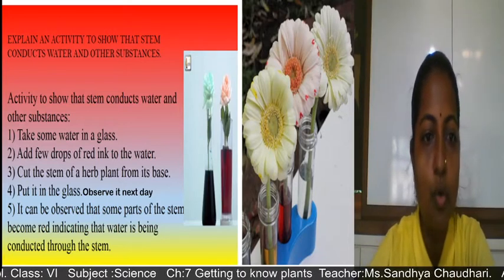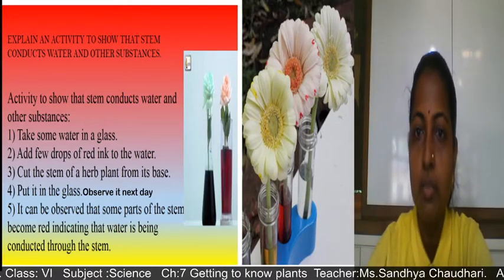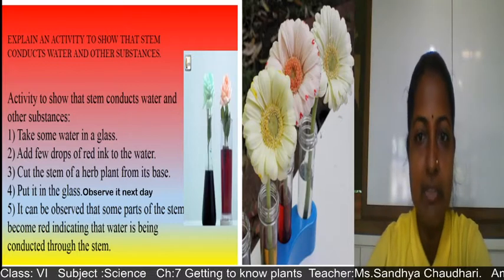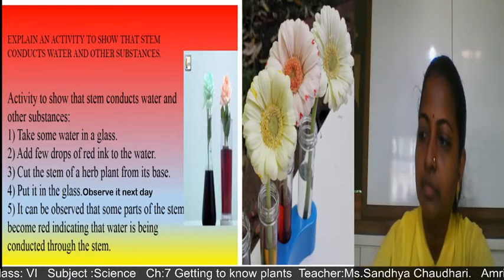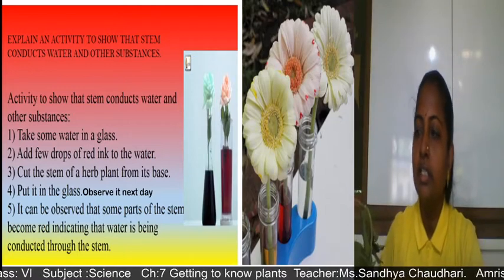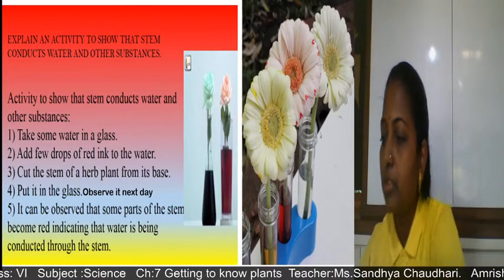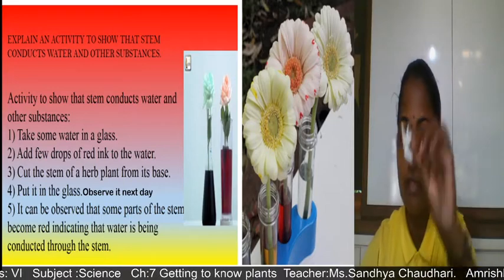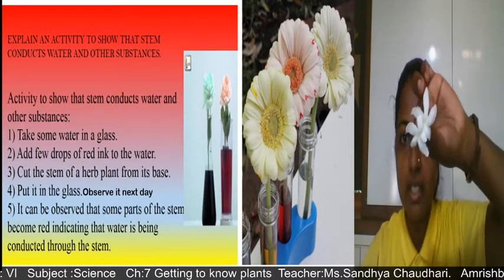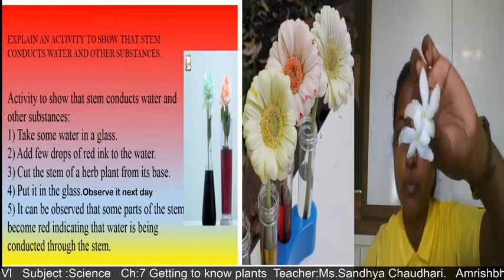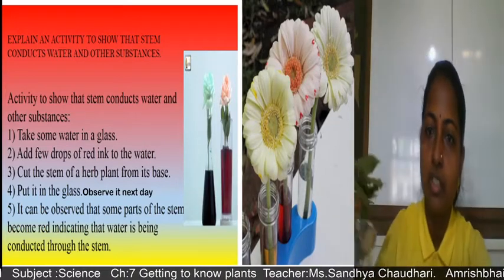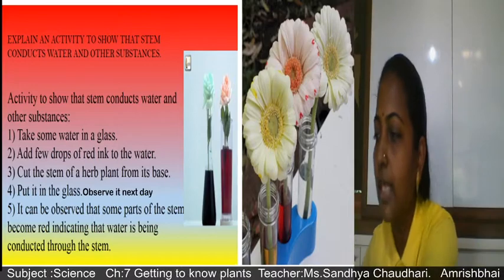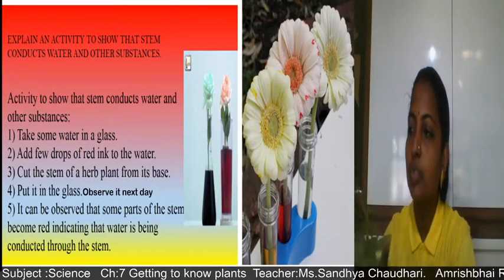So it can be observed. I did this activity yesterday and put the stem into the red ink. Before I put it in, the flowers were white. After putting it into the water, the next day you can observe the flowers also, students.